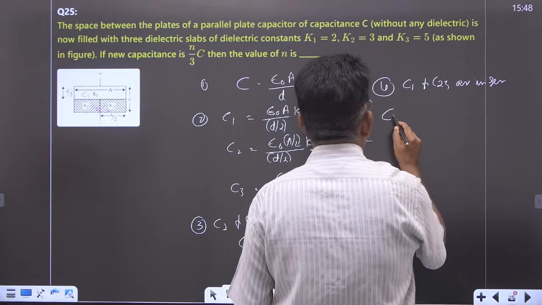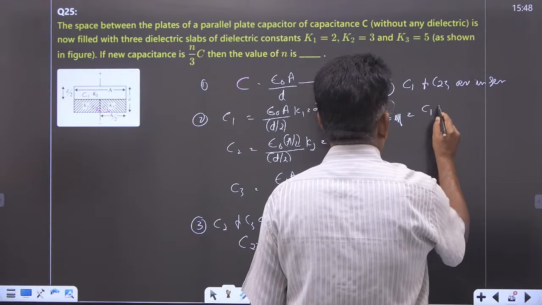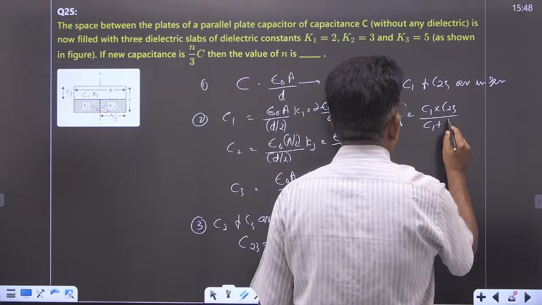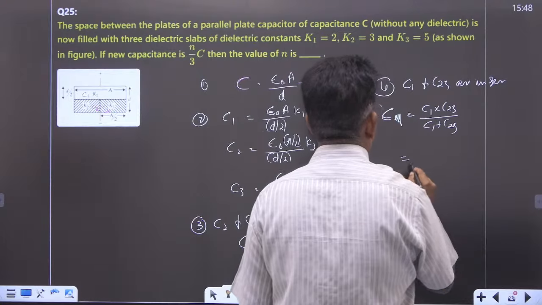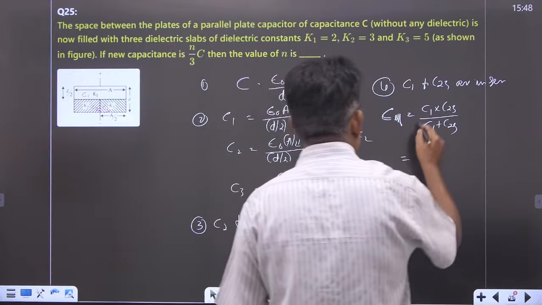Therefore, the effective capacitance, C effective, will be C1 into C23 divided by C1 plus C23. It's better to take the common things out, so let us write it first.